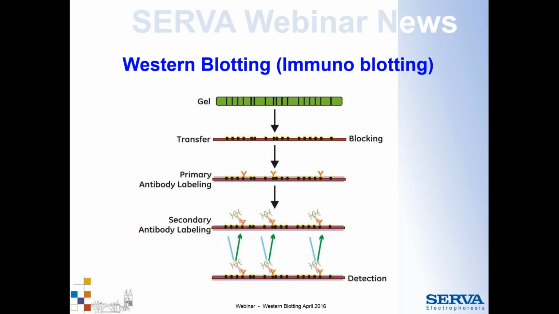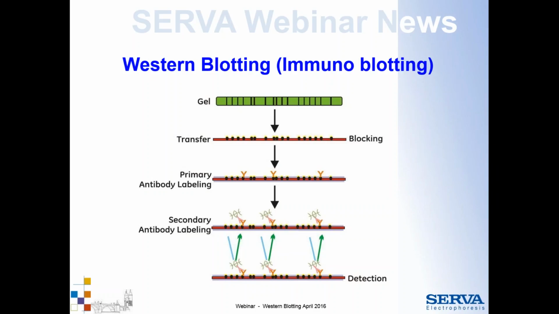So the Western blotting, we have performed the first two steps. The SDS page, we got the gel and the separated proteins, and then we transfer the separated proteins on the membrane. Then this is followed by blocking. So unspecific binding sites on the membrane are blocked by BSA or casein or such things.